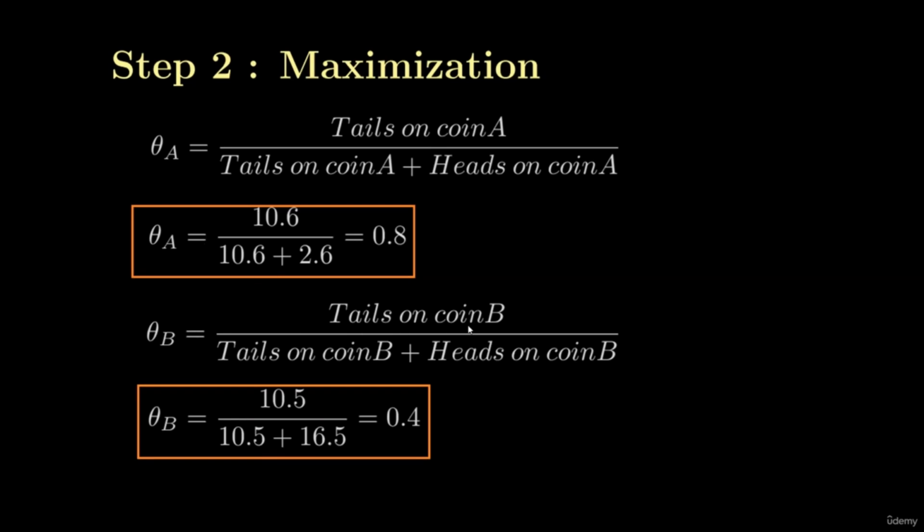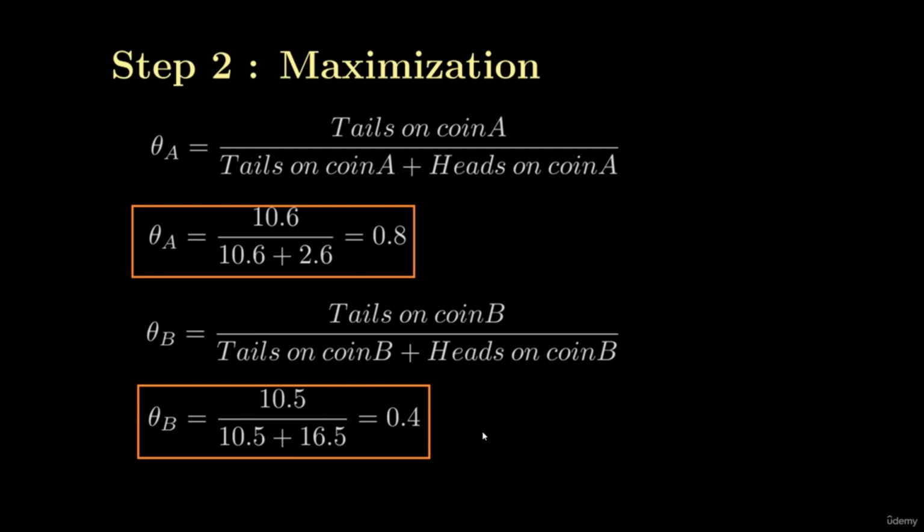Similarly, the tails on coin B, we know that the tails on coin B are 10.5. If we divide 10.5 with the tails on coin B plus heads on coin B, we will get the value of 0.4. So in this way, we see that after EM algorithm, we will get the value of theta A, which is 0.8, and theta B, which is 0.4.